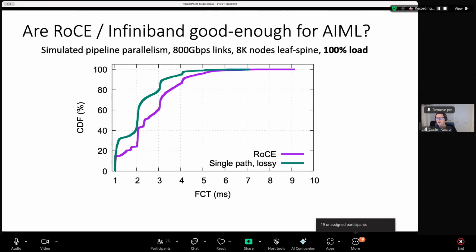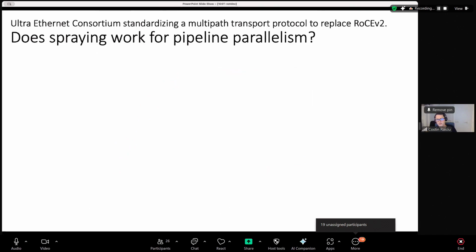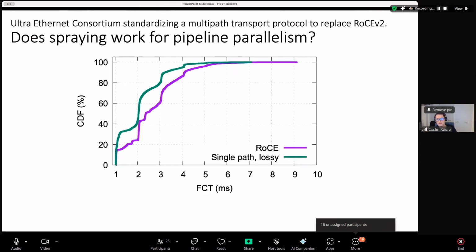If you just get rid of RoCE and use a state-of-the-art single path congestion control protocol, you get rid of some of the issues. So the tail of this was mostly due to PFC, but still you see that this is quite bad. So what you really need is something that spreads the traffic across the available paths, and you get this by basically using multiple paths.